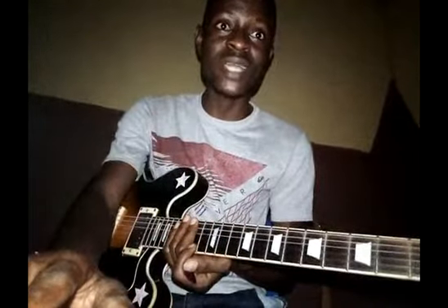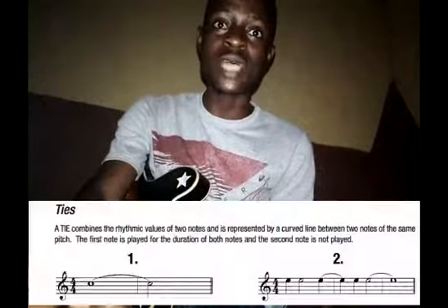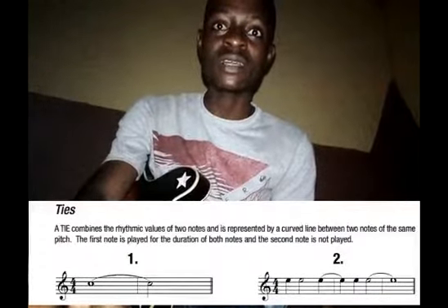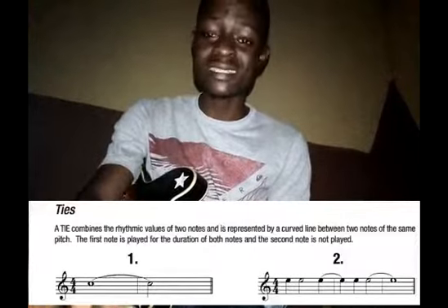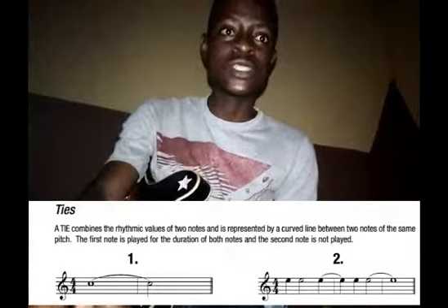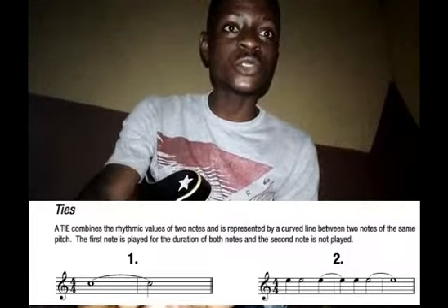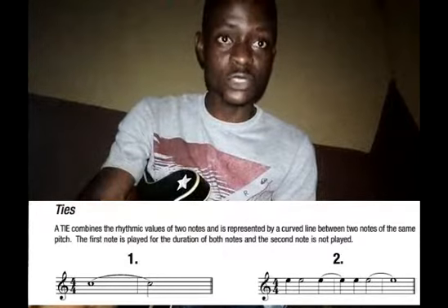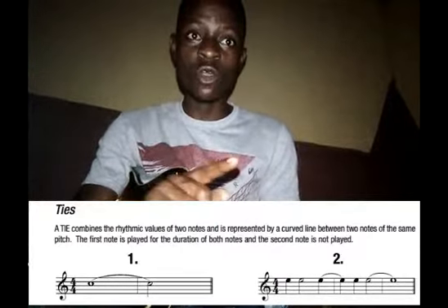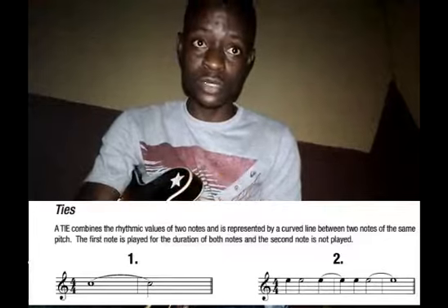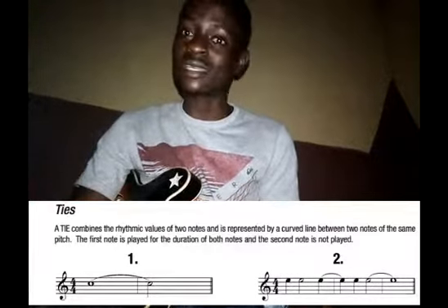They said a tie combines the rhythmic value of two notes and it's represented by a curved line. So what they are trying to say is that, in the diagram you are looking at on the video, there's a note which takes 4 beats combined with a note which takes 2 beats.